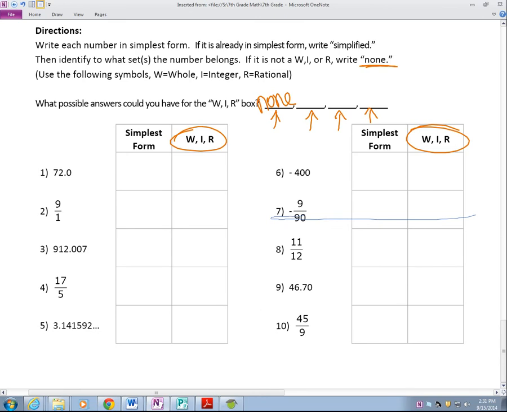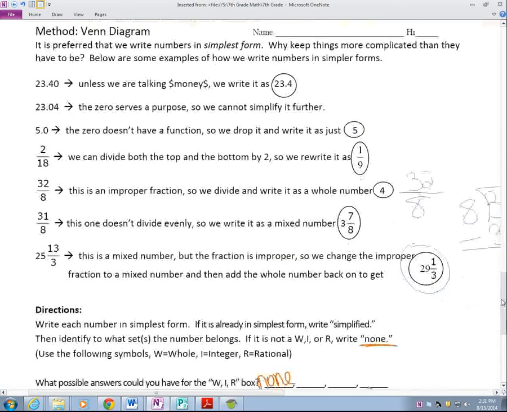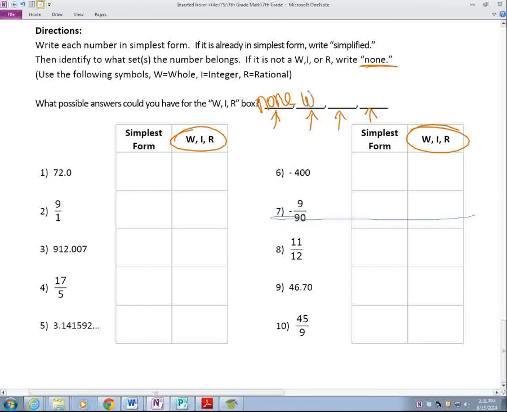Is a whole number an integer? Yeah, look. All of that is inside the integers box. So if it's a whole number, it's an integer, isn't it? If it's an integer, isn't it something else? A rational number. So you're going to have one option, which is WIR.